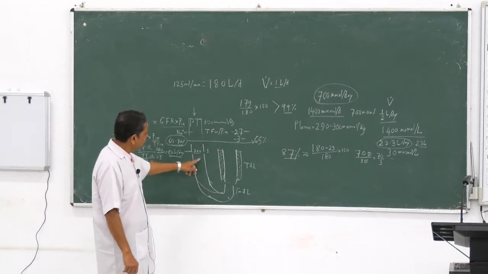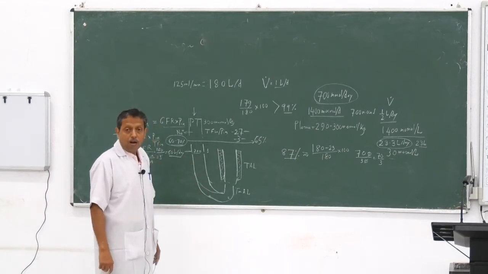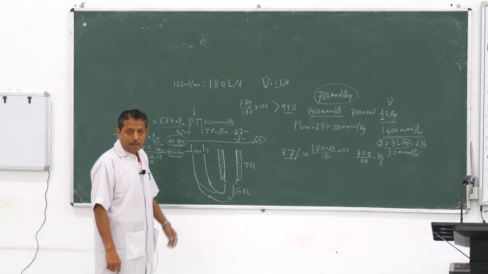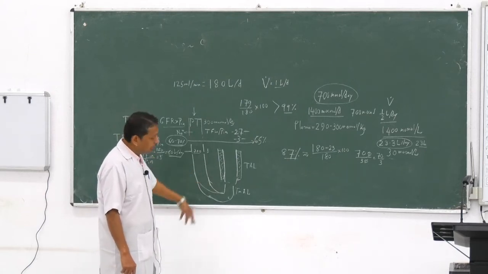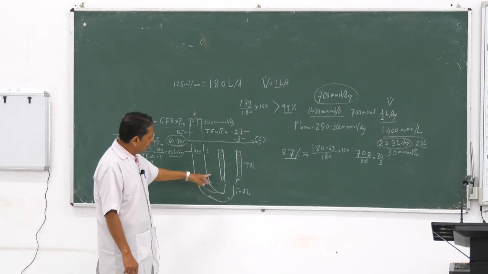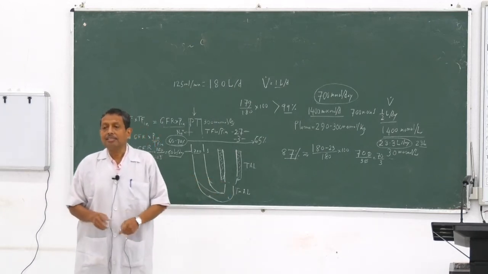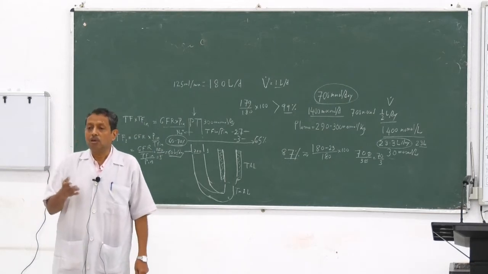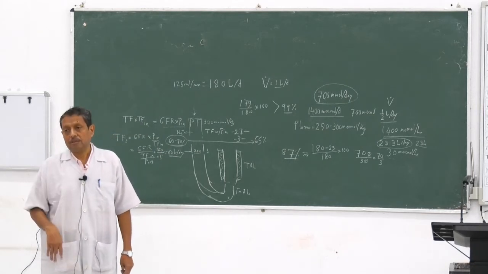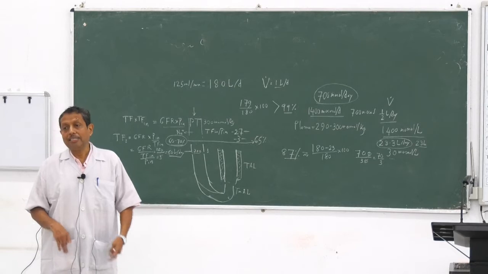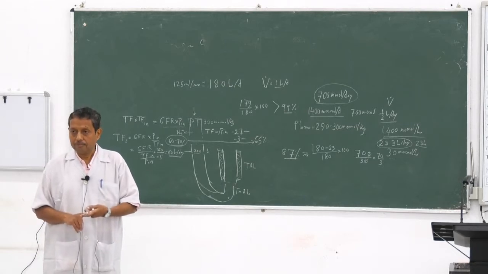And fluid that enters into the thin descending limb of loop of Henle. And when we are considering this, especially in case of juxtamedullary nephrons, there is a medullary gradient of osmolarity at the interstitial space in the medulla.